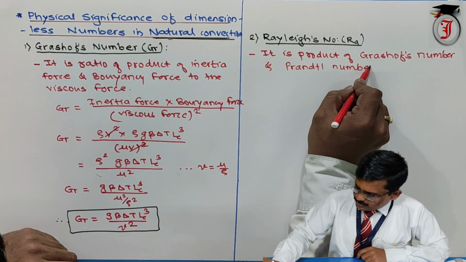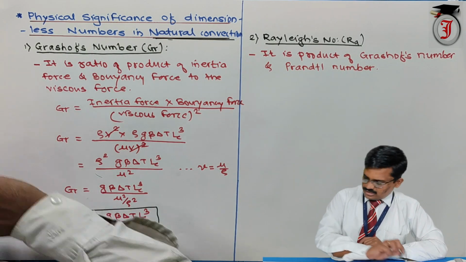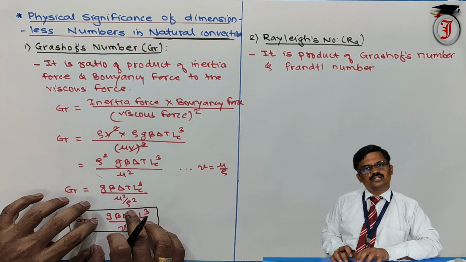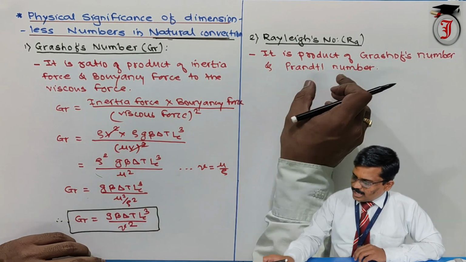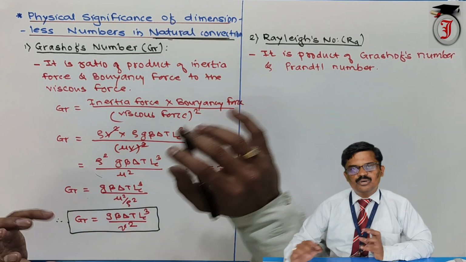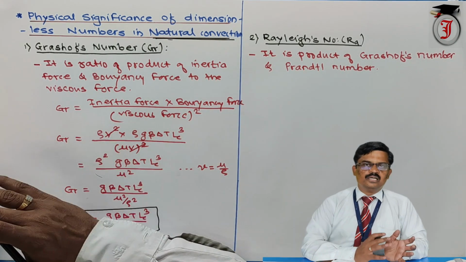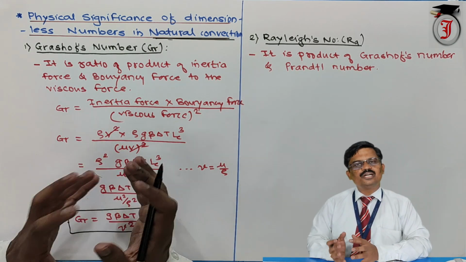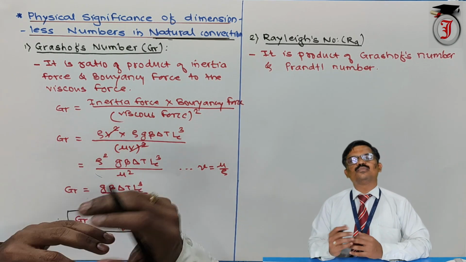It is the product of Grashof number and Prandtl number, and we know this Grashof number tells us whether the flow is laminar or turbulent, and Prandtl number we already studied in forced convection. This Prandtl number gives the relation between velocity boundary layer and thermal boundary layer, or momentum diffusion and thermal diffusion.